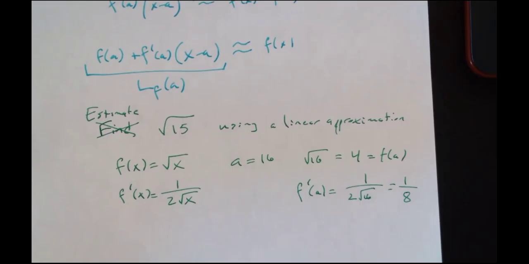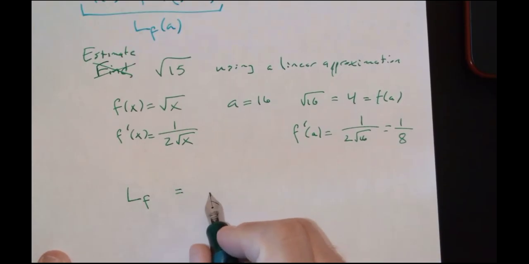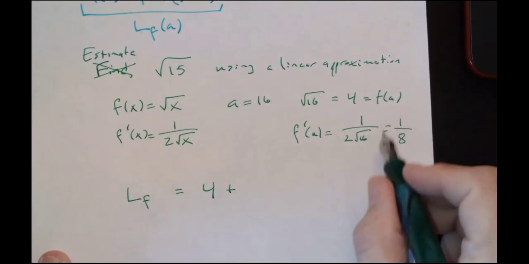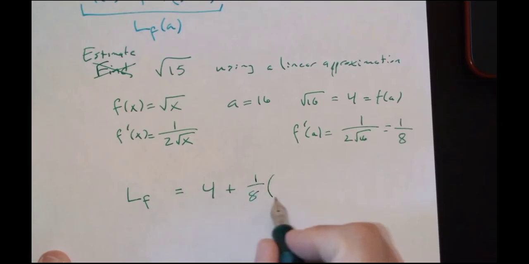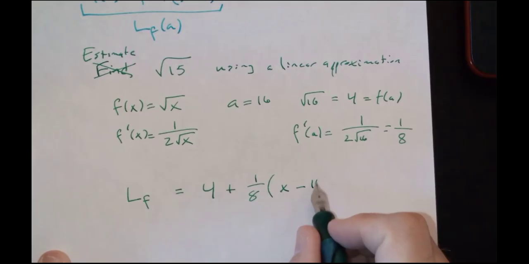So I put the square root of 16 in, I get 4. f prime is 1 over 2 times the square root of 16. I get 1/8. And that means that the linear approximation formula is f of a plus f prime of a times x minus a.